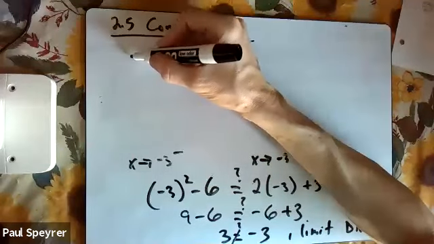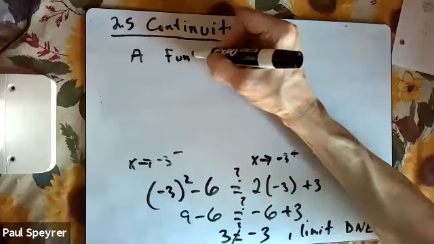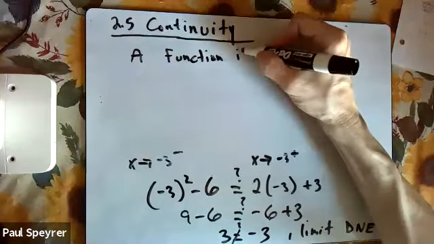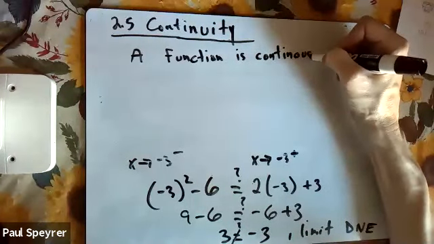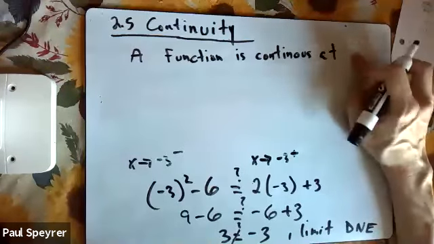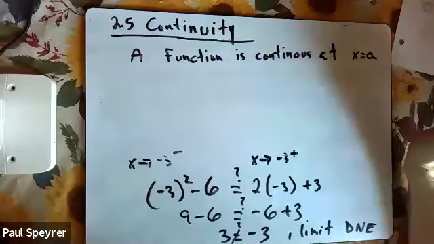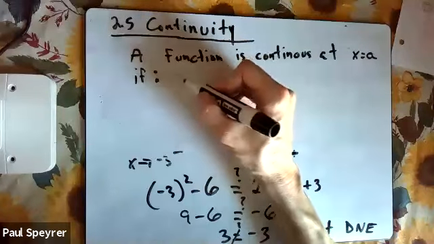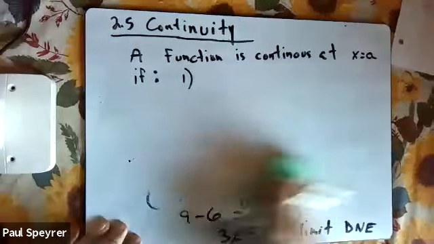So there's 3 things that we need to remember in order for a function to be continuous at a certain point. A function is continuous at x equals a if, and we have three guidelines or 3 criteria that must be met.